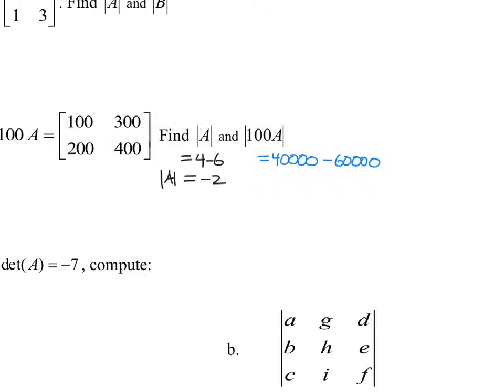So the determinant of the matrix 100A is negative 20,000. It's not just a simple matter of multiplying the determinant by 100, because what happened is I started off with matrix A.